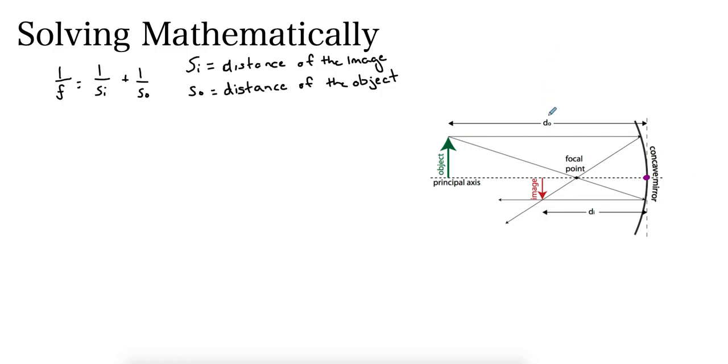Some people call them DO and DI. In our case, we call it SO and SI, it's just what our reference table uses. SO is the distance of the object, SI is the distance of the image, and F is just your focal length.